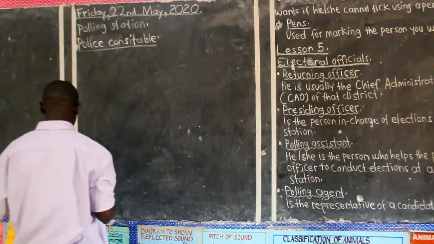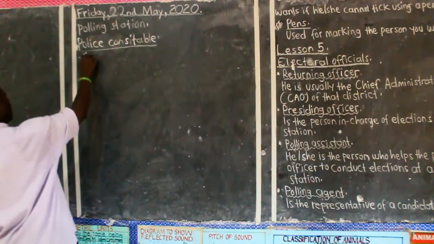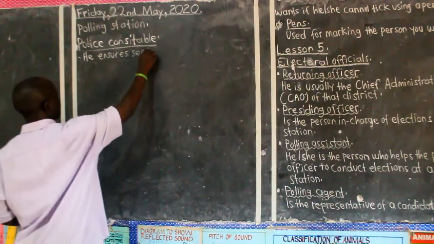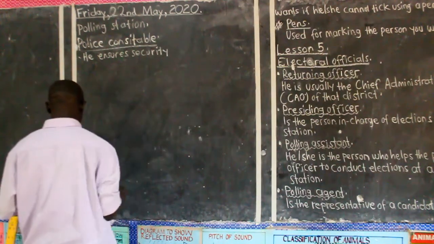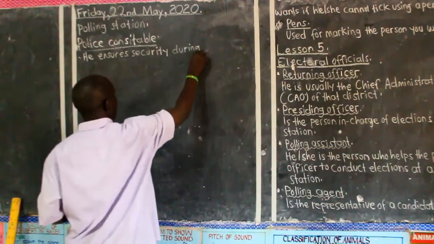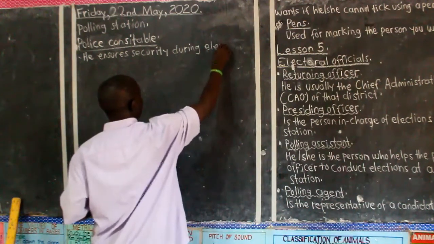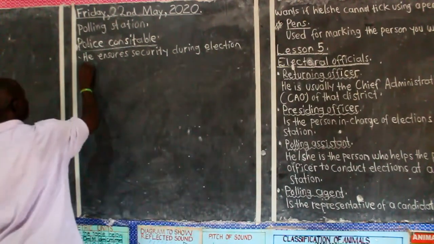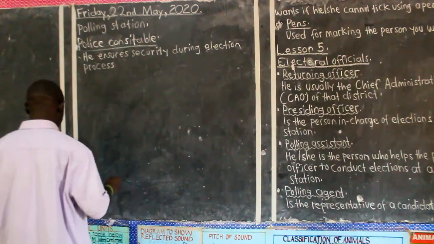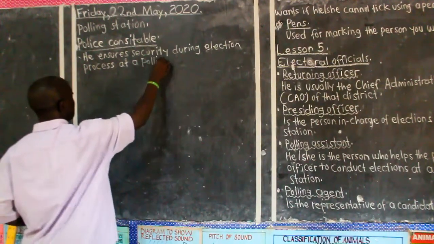We have what we call police constable. Who is a police constable? This one ensures security during the election process at a polling station.